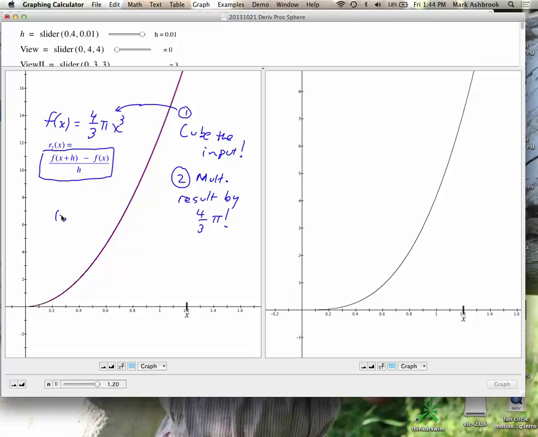The input is x. We cube the input, multiply by 4/3 pi: 4/3 pi x cubed, all over h.